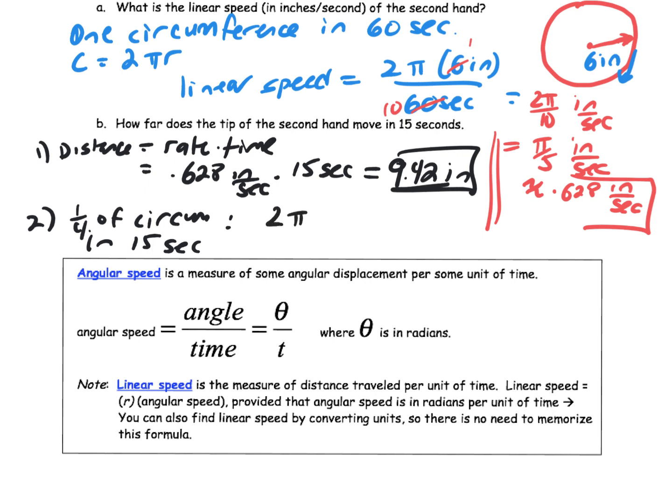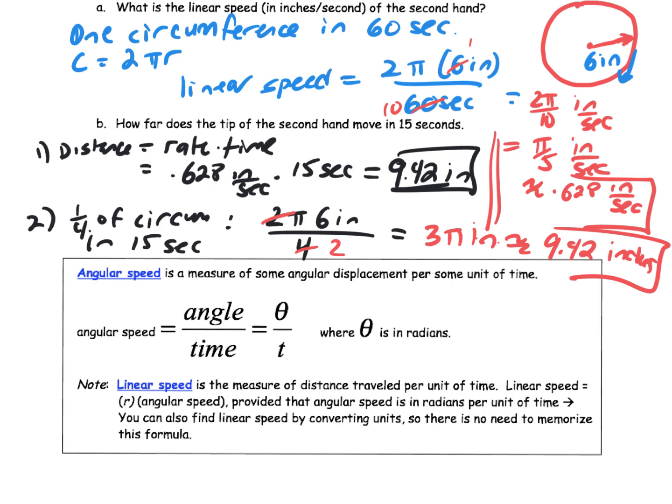In this case, r is 6 inches over 4. So this would be, let's divide out a couple things. We can divide 4 by 2. So we'd have 6 pi over 2, or 3 pi inches. And if we multiply that out, we get the same thing as above, about 9.42 inches in 15 seconds.